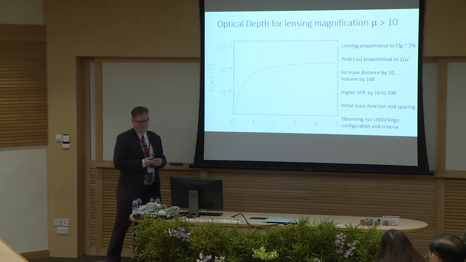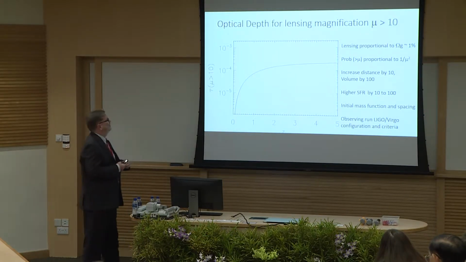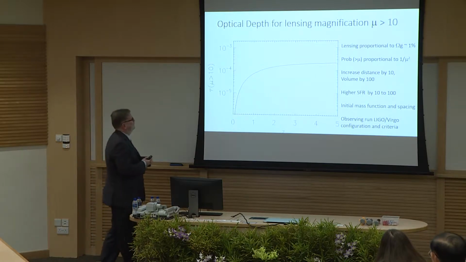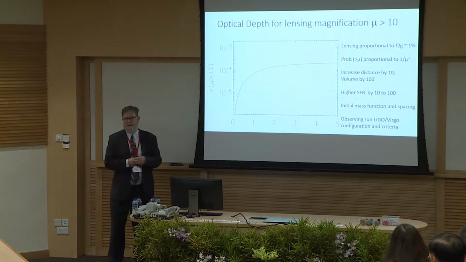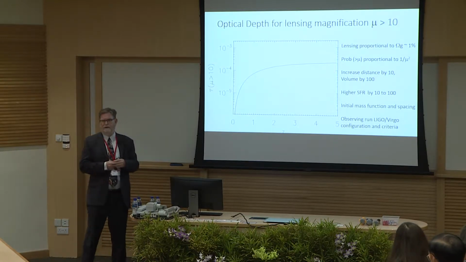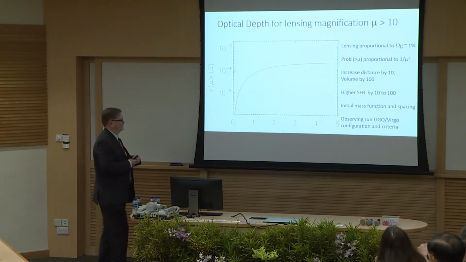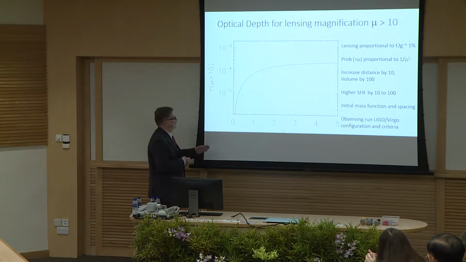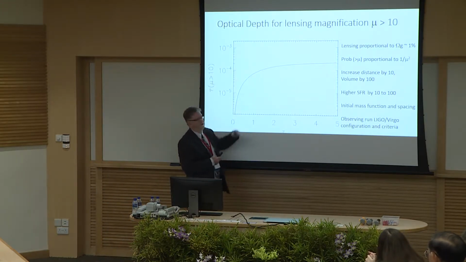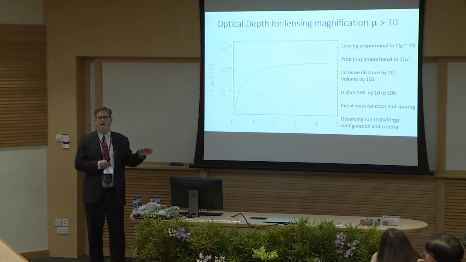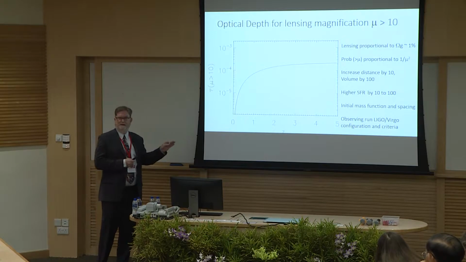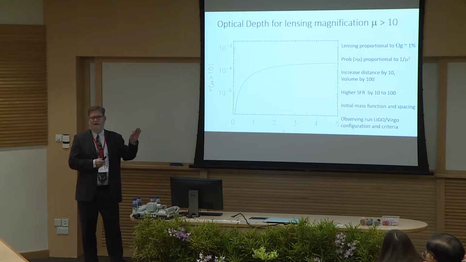Okay, here are the rough numbers. I have a plot on the left of the optical depth for magnification 10 or greater as a function of redshift. You can see that by the time you get to redshift 1 and 2, you're roughly at 10 to the minus 4. This is part of the argument people have for why events aren't lensed, but they don't take into account other factors.